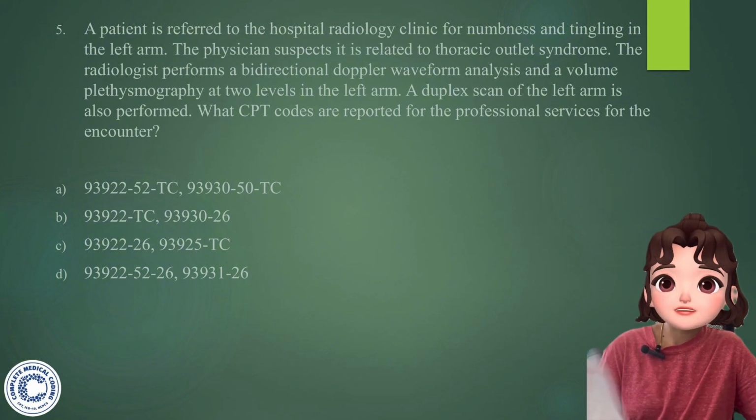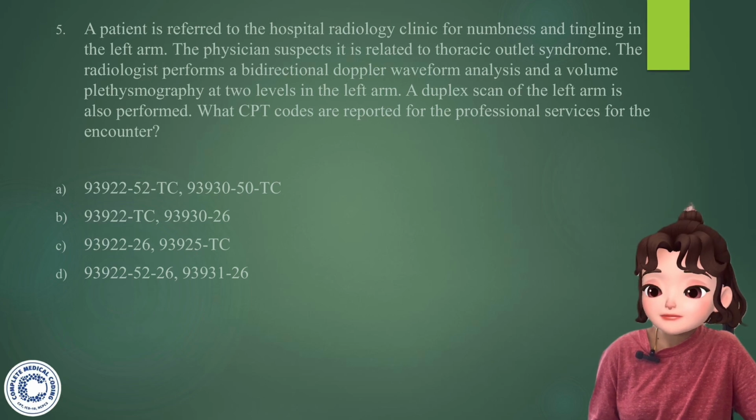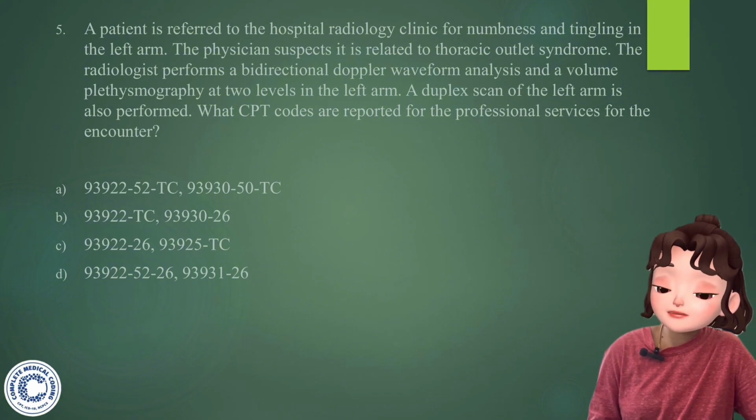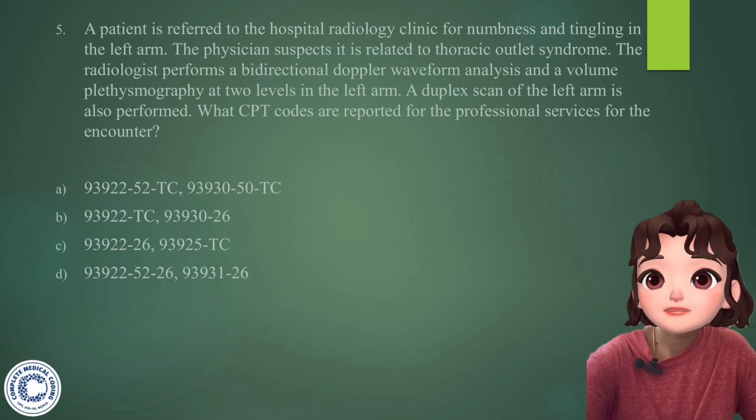So the 93922 option is limited bilateral, the one that I had told you earlier. Limited bilateral. This is limited only, not complete, because only the left arm, only the upper extremity is performed. So 93922 is limited bilateral non-invasive physiological study of upper extremity. And then it is appended with the modifiers 52 and 26. 26 is professional component.